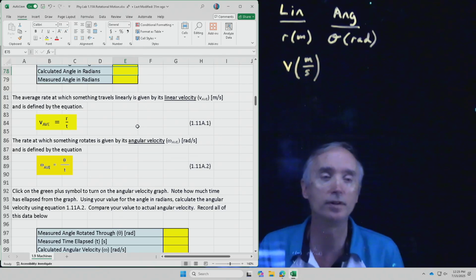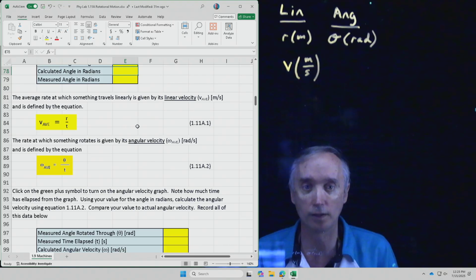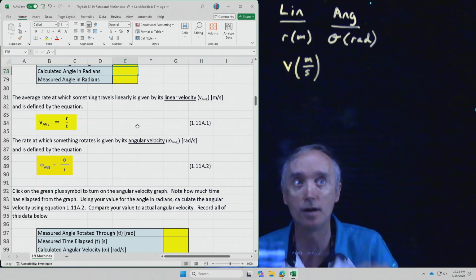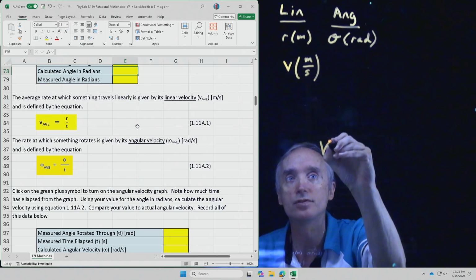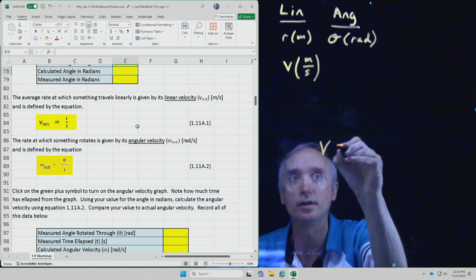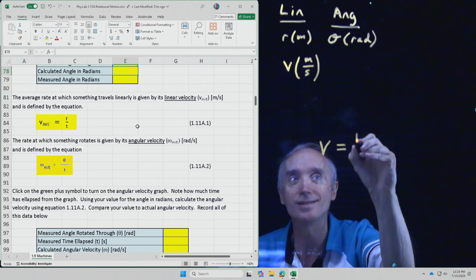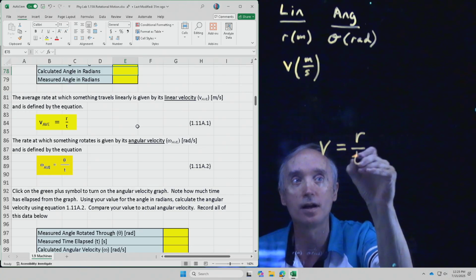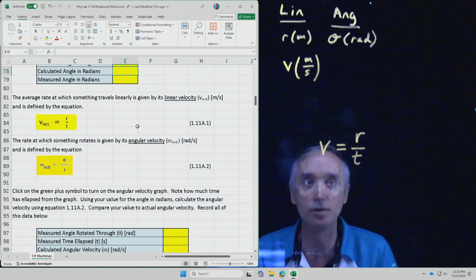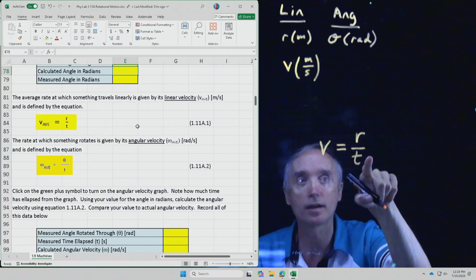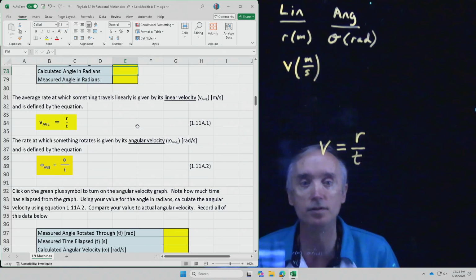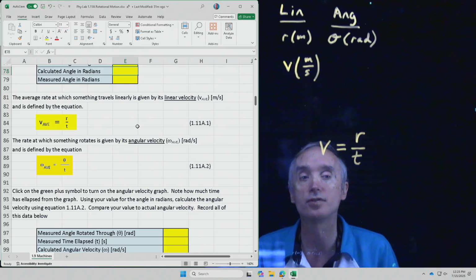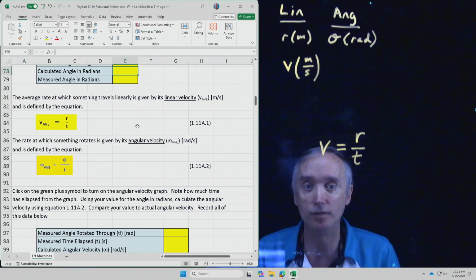And then we even had a formula for how to calculate the average speed of an object. The average speed or the average velocity was equal to the distance it traveled in a certain amount of time, and so meters per second is the units that goes with it.